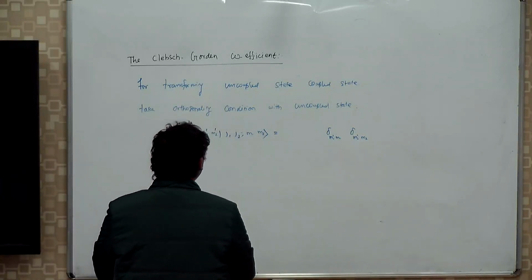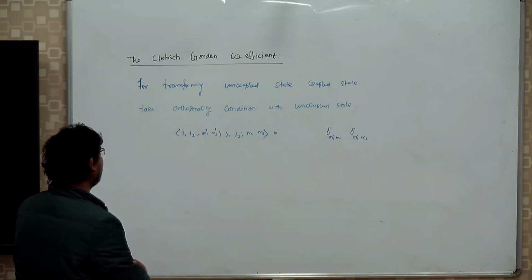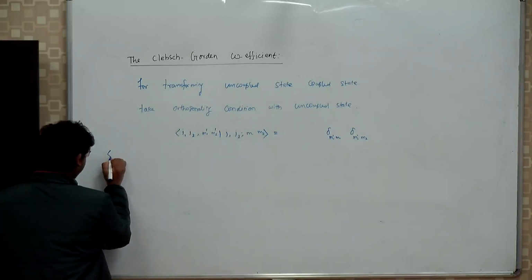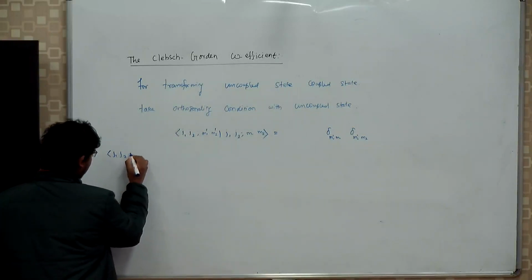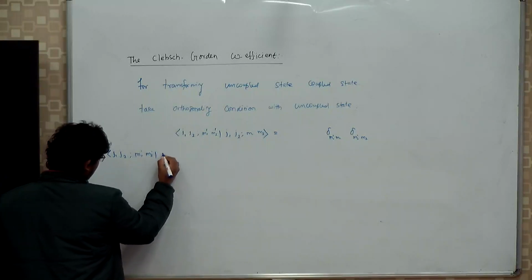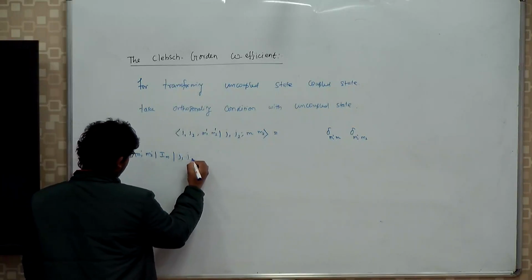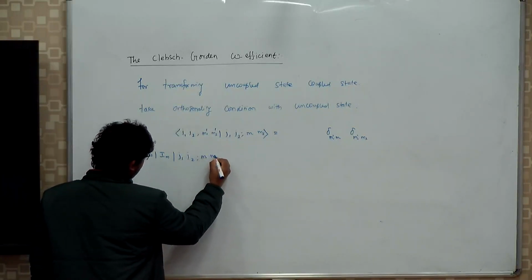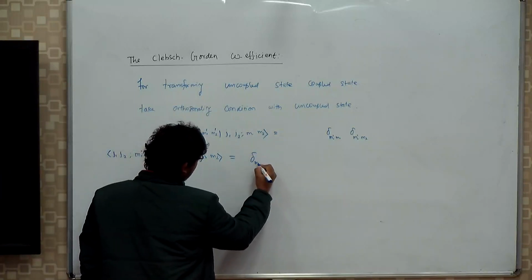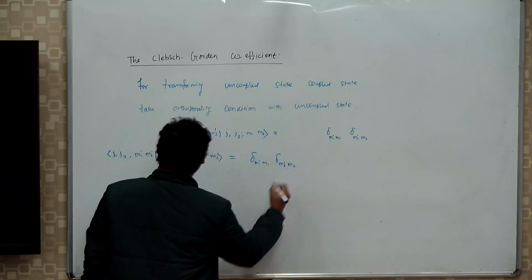Now for writing the completeness relation with this equation, we have to take the coupled state. So for writing that, J1 J2 M1 dash M2 dash, J1 J2 M1 M2 is equal to delta M1 dash M1 delta M2 dash M2.